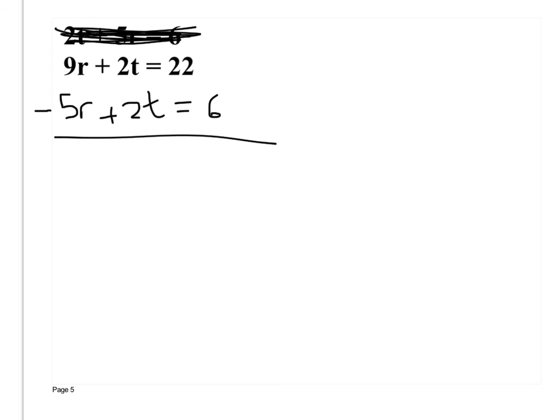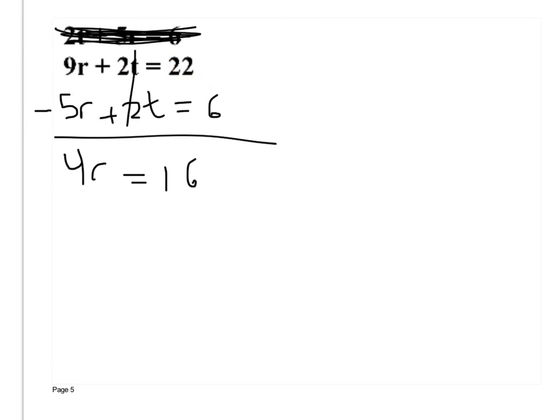This is where I'm talking about: you have to go back to the sign every time you do the operation. 9 minus 5 is 4. 2 minus 2 cancel each other out. And then you have to do 22 minus 6, which is 16.